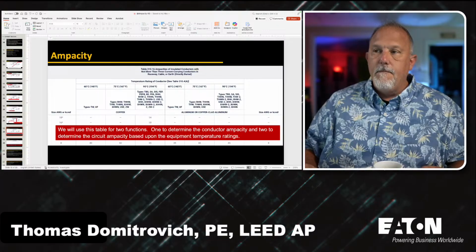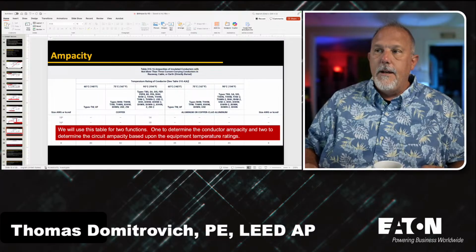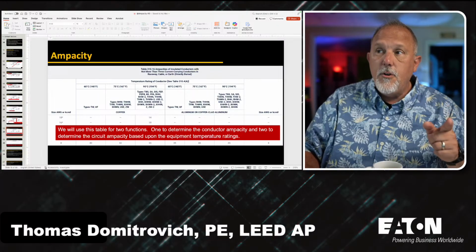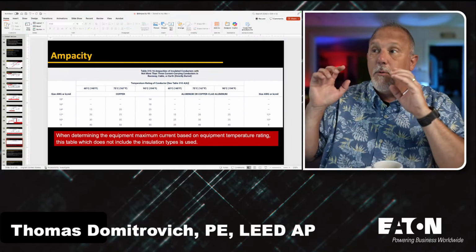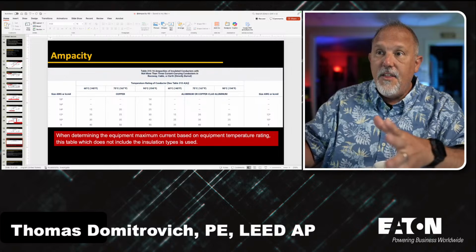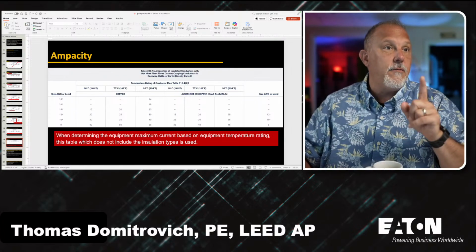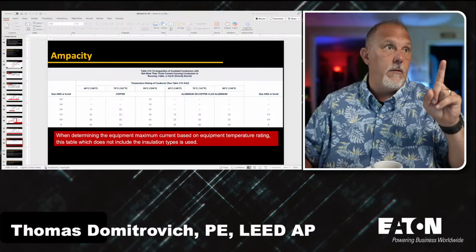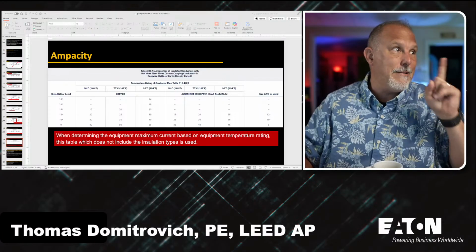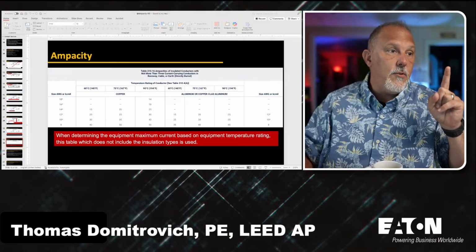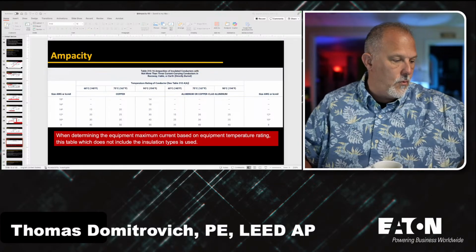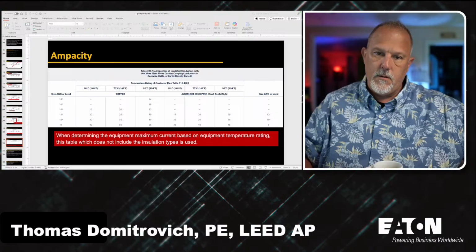And they would say, no, you got to ignore that insulation. Well, if I had a table like this, which, hold on, let me show you something. If I go to UL67, look at UL67.